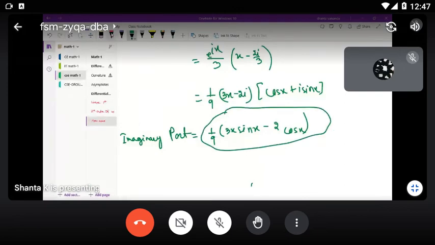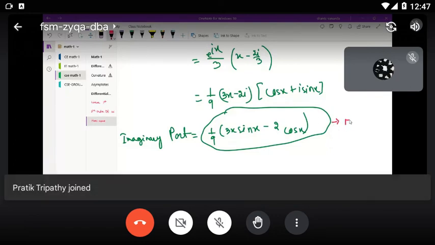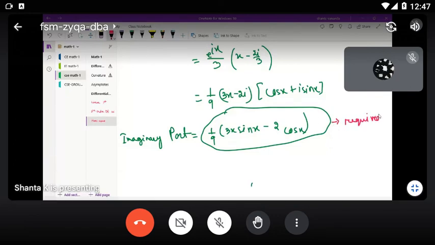Whatever you have, look at it and try. So this is the required particular integral.